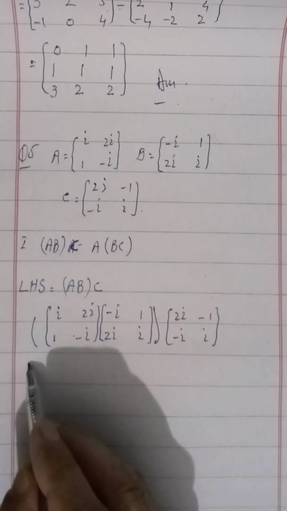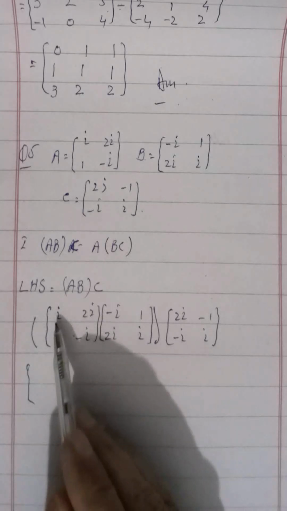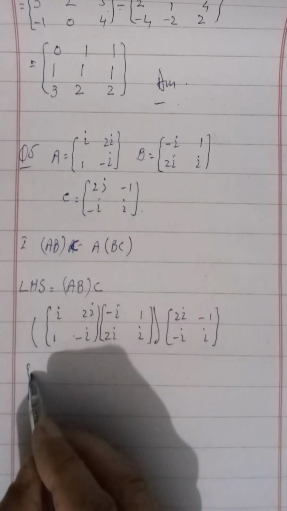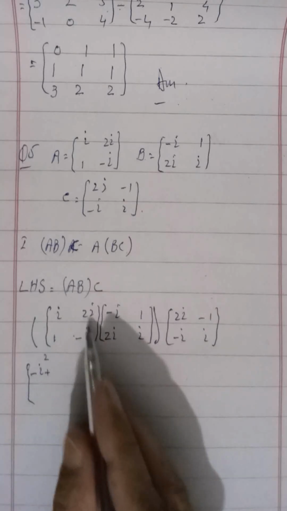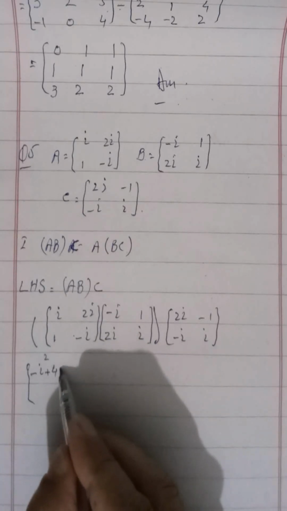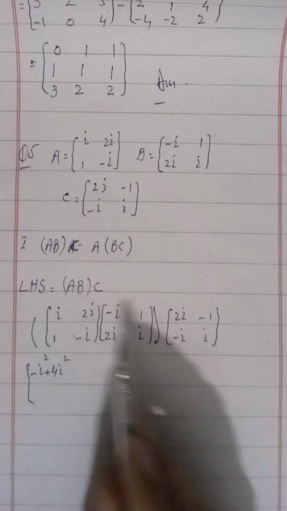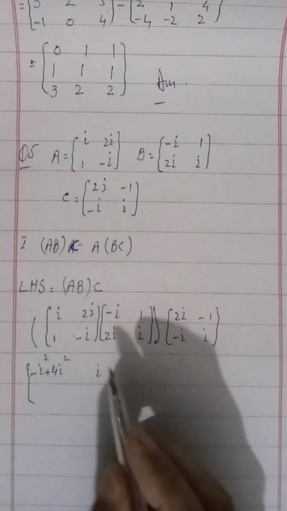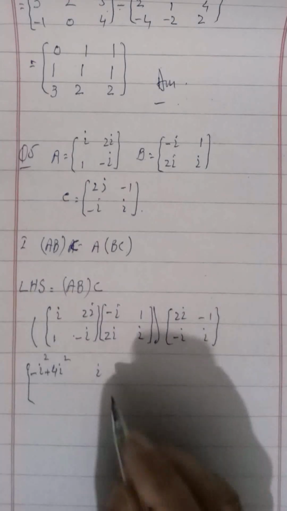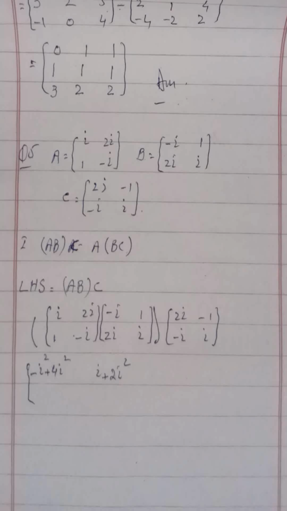We have first row with first column. Iota multiplied with minus iota is equal to minus iota square, plus 2 2s are 4 iota square. And the second is first row with the second column: iota multiplied by 1 is iota, 2 iota multiplied by iota is equal to 2 iota square.